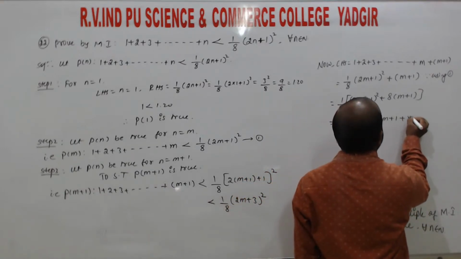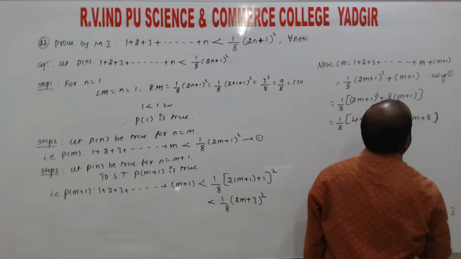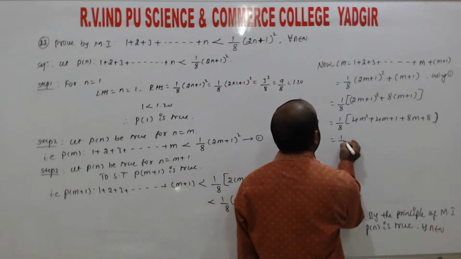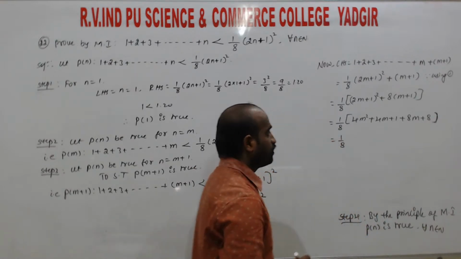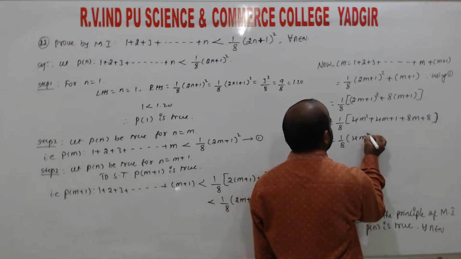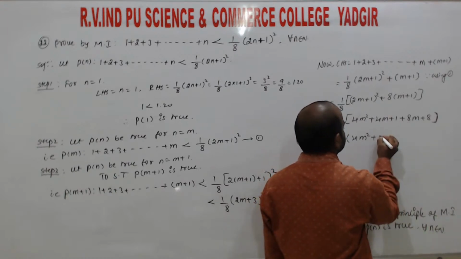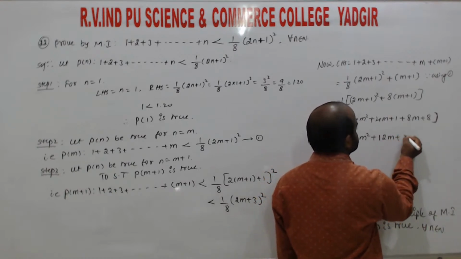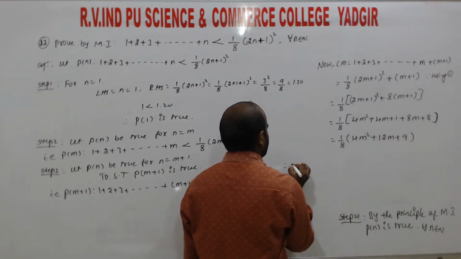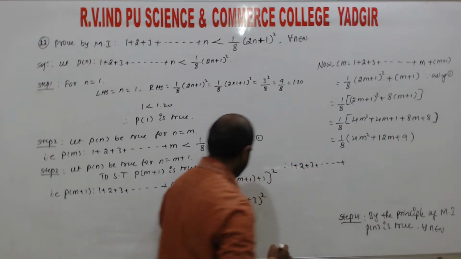Next, 8m plus 8. Adding, 4m square plus 4m plus 8m is 12m, and 1 plus 8 is 9.